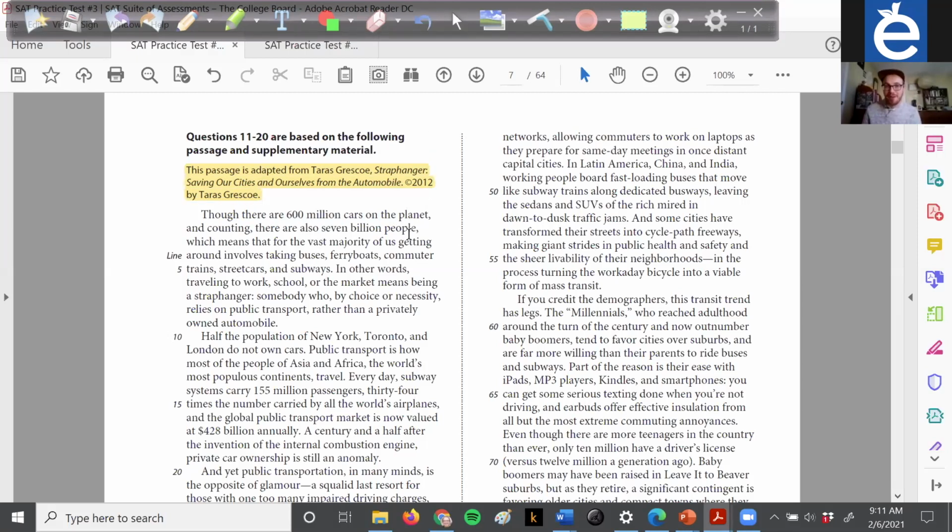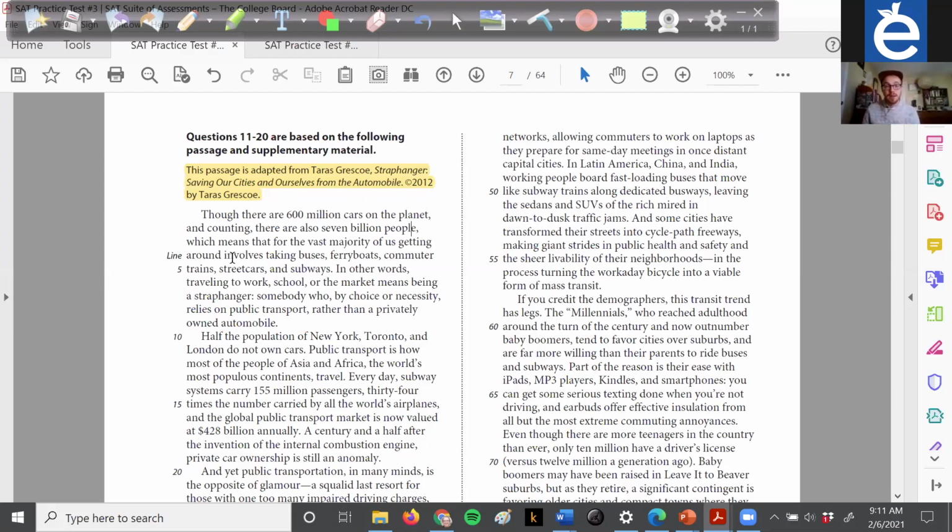Pronunciation is not a thing you'll have to worry about on the SAT. But we already have a pretty good idea of the main idea here, saving our cities and ourselves from the automobile. So we know we're going to be talking about cars, about transportation, and probably be talking about it in some way that imagines a future beyond the car, right? Where we're no longer dependent on this kind of transportation.